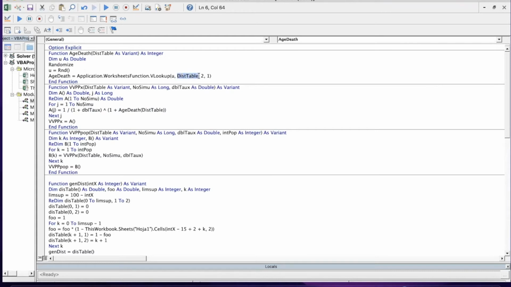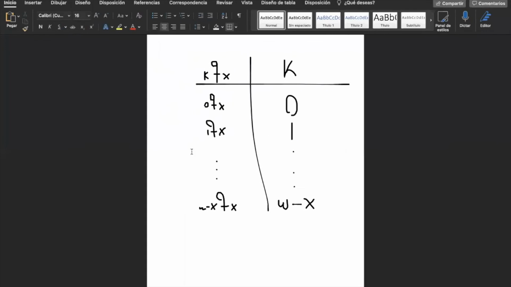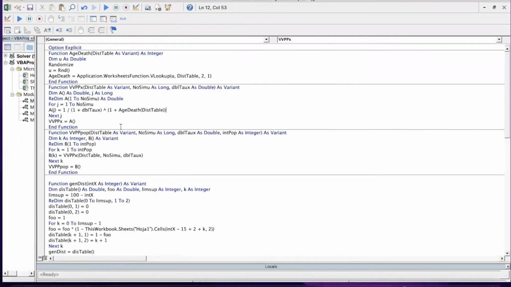by a distribution table. If we look at our table, these are the numbers that we are going to generate, which is the years that a person has to live. And all those present values will be accumulated in this array.